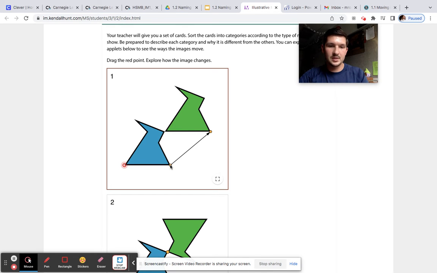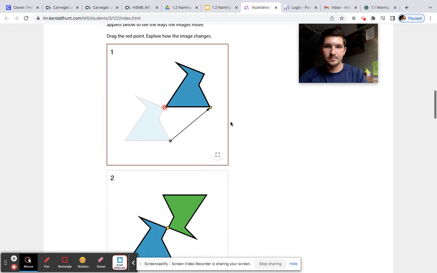For instance, if we were to slide this, it's just going to slide on an imaginary line to match up with itself. Notice how all of our vertices line up again. Each of them has an imaginary line that they're following across to match up on. That's a translation.